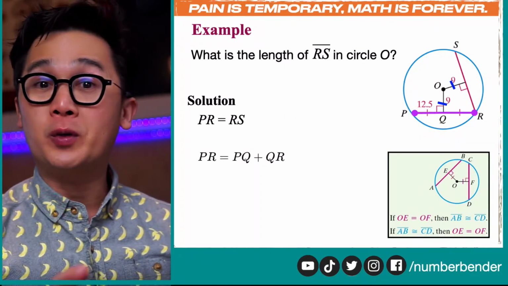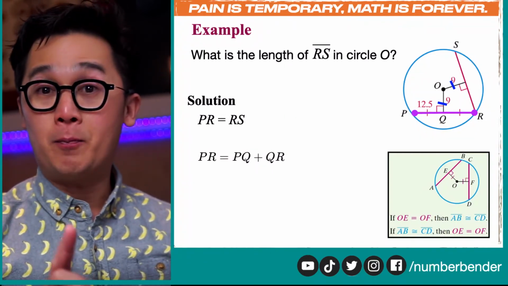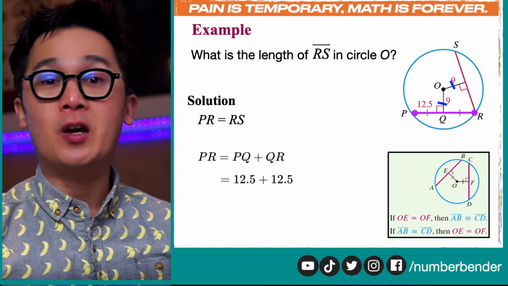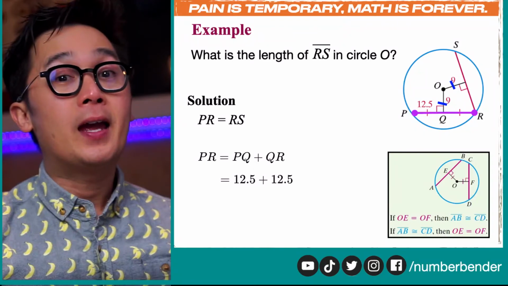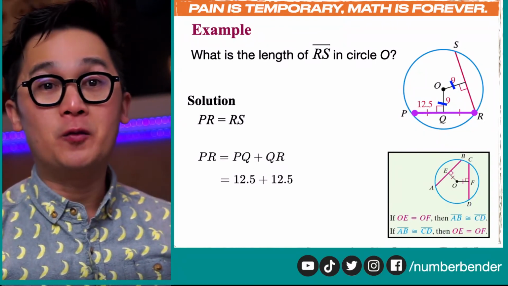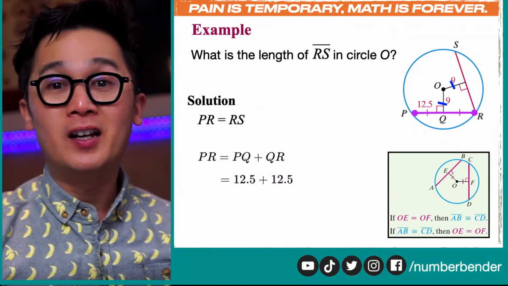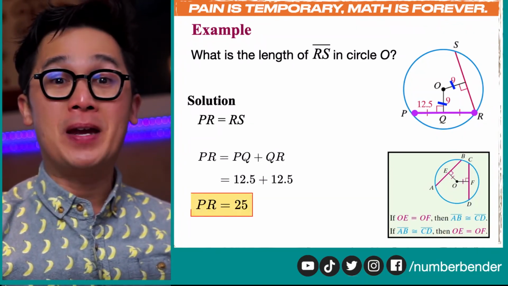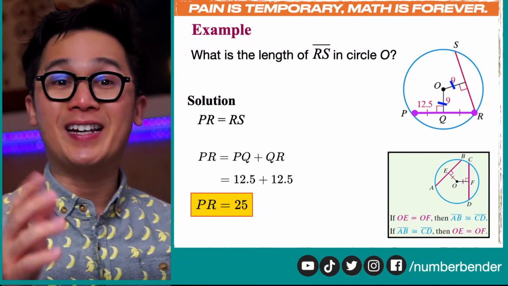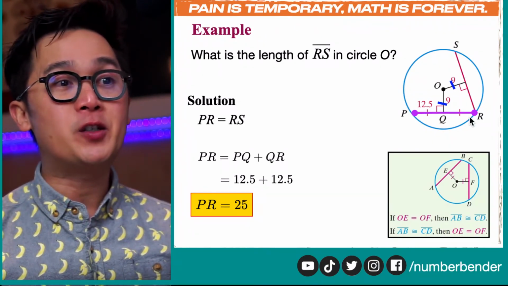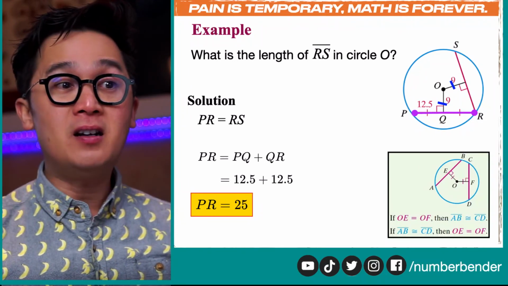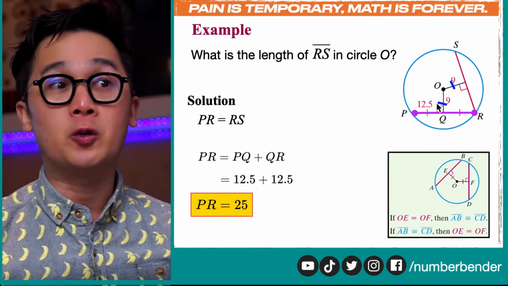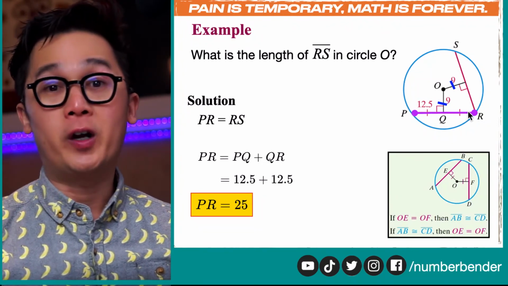So since we know one of the measurements of the parts of PR, we can focus on that and measure it because we know that PQ is equal to 12.5, which is congruent to QR, so it's also 12.5. So adding them up, we have the measurement of PR, which is 25, which is significant because from this theorem, we know that the chord RS is also congruent with chord PR.